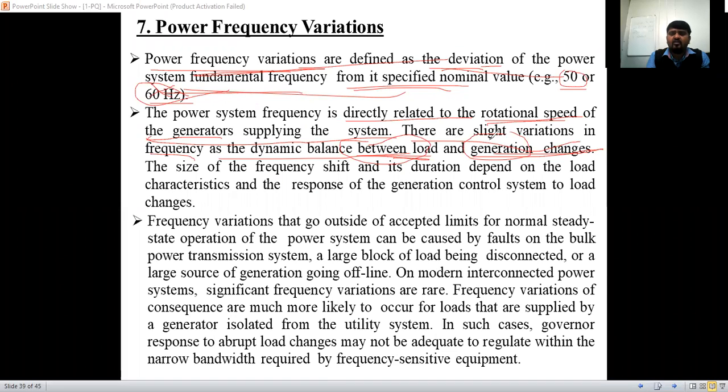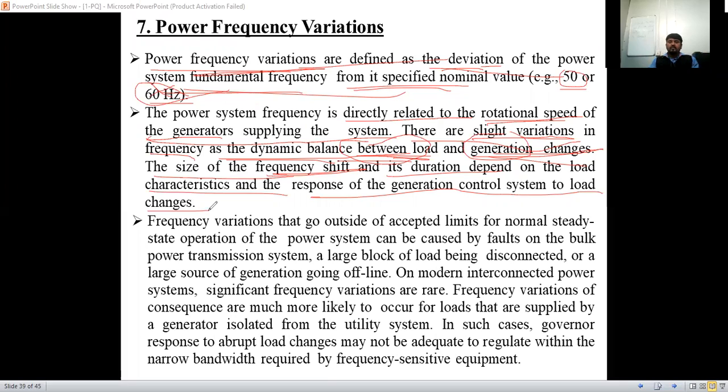So they are telling that only a slight variation is there in the frequency, as the dynamic balance between load and generation changes. Generation changes, and we call that frequency changes. The size of the frequency shift, from one level to another level, and its duration depend on the load characteristics and the response of the generation control system to the load changes.